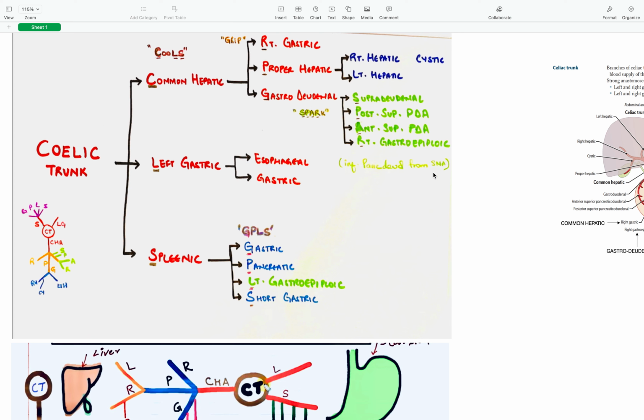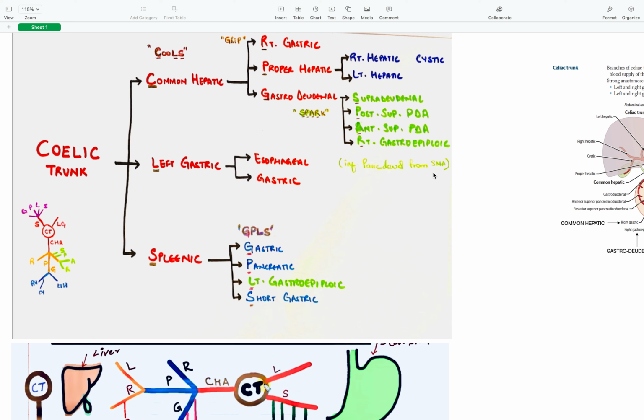Okay, so let's start. So the city head has three main branches, which are the common hepatic artery, the same as this. The common hepatic artery goes this way. This common hepatic artery is the thoracic part of the city man, and the two ears here are the left gastric and the splenic.